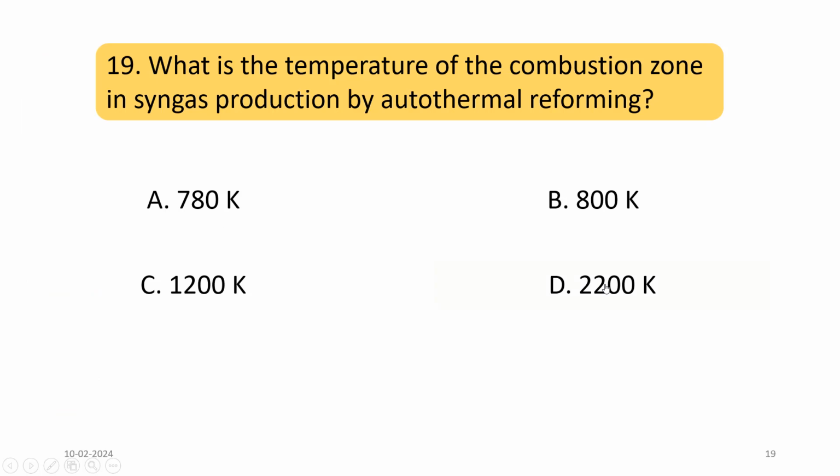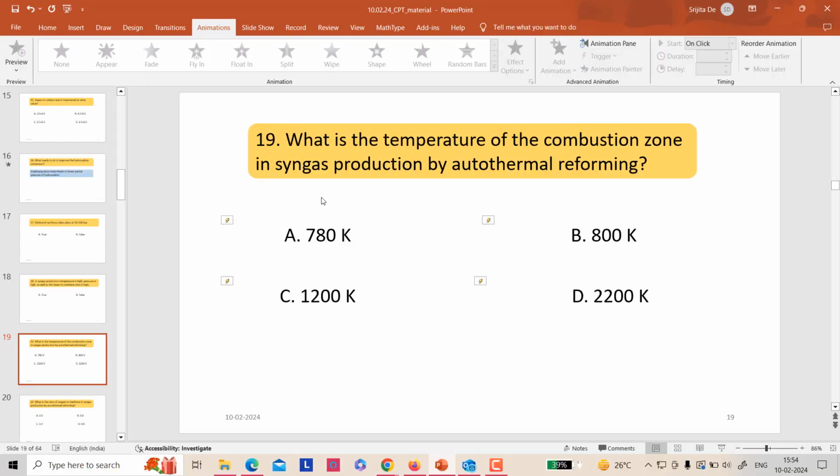So here the temperature is 2200 Kelvin, because in the combustion zone carbon is oxidized to form carbon dioxide. This reaction, carbon plus oxygen to produce carbon dioxide, is a highly exothermic reaction, so it produces a large amount of heat. So due to this autothermal reforming, the temperature of the whole combustion zone increases and it is almost near 2200 Kelvin.